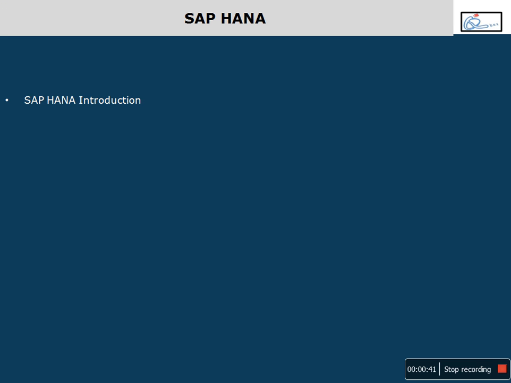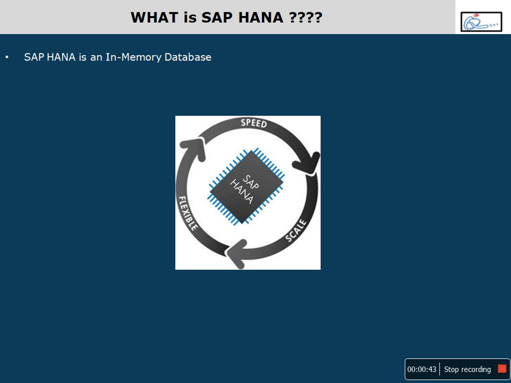Now, SAP HANA, just like any other database like Oracle, SQL Server, MS SQL, Sybase, DB2, is also a database. But it's an in-memory database.